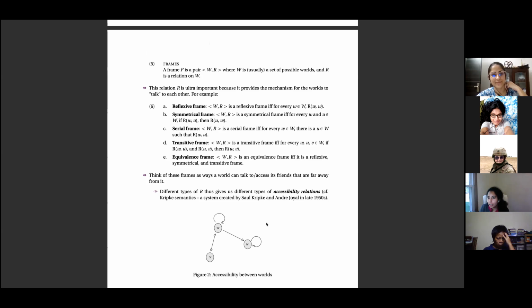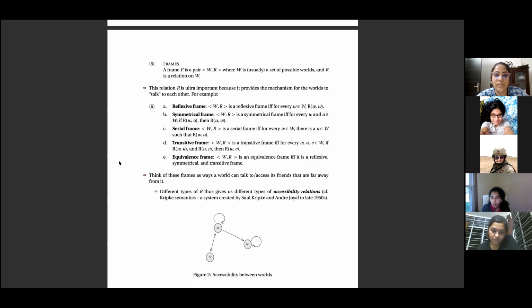Okay. So tell me, do you see a reflexive relation anywhere? Property of reflexivity in any way embodied in this diagram? Anyone can speak up and give me an example. Yeah, Vyom says W and U. Yes, so I'll write in the chat.